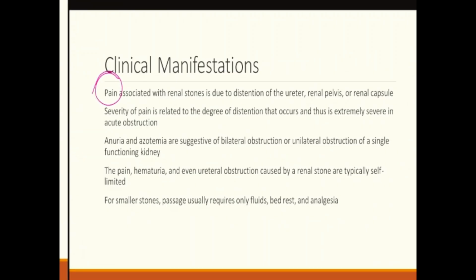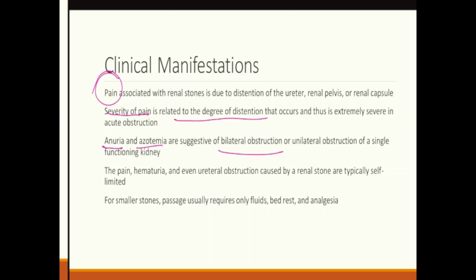Manifestations, the biggest one is going to be pain due to the distension of the ureter, renal pelvis, or the capsule. The severity of the pain is related to the degree of distension. So the more severe the pain, the more severe the distension or the obstruction from the stone. If they have very low urine output, it could be bilateral obstruction.